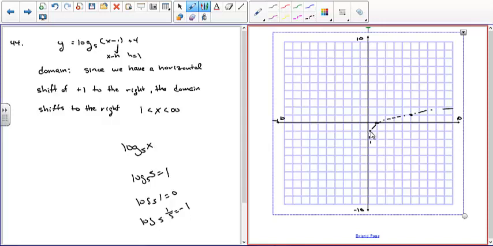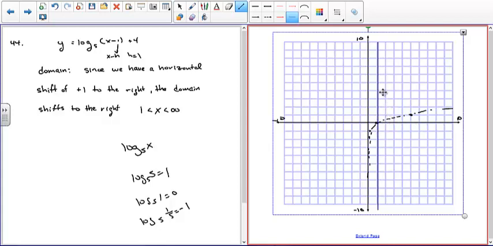So that's what the base function, or parent function, looks like. Now we're going to shift it horizontally 1 unit and vertically 4 units. I could grab it and shift it, but what we want to do is draw a new vertical asymptote, and also draw a new axis.